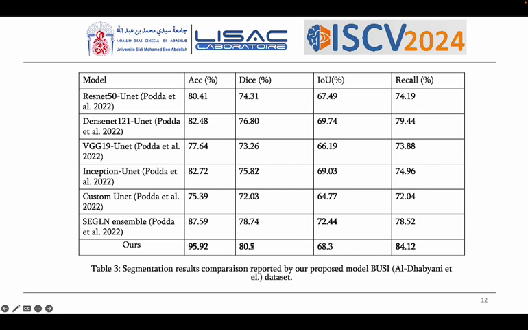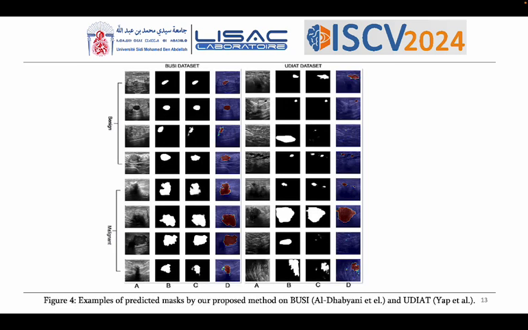As we can see here, in terms of dice we have 80.5% in comparison to 78, 75, 76%, as well as for all the other metrics, except for the intersection over union coefficient. These results highlight that our proposed method is robust and gives slightly better performance than the state-of-the-art methods that already exist in the literature.